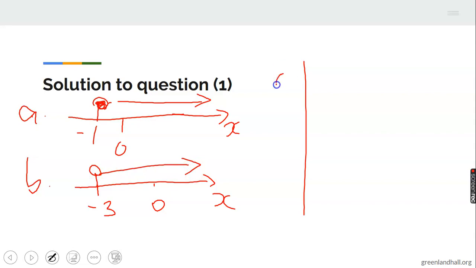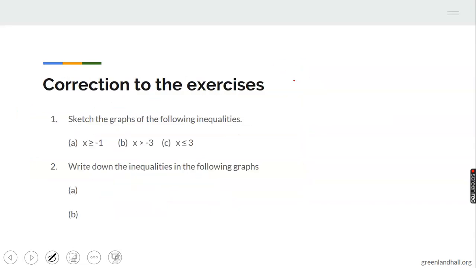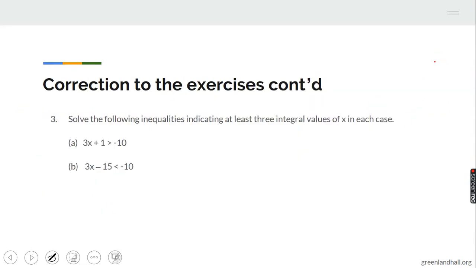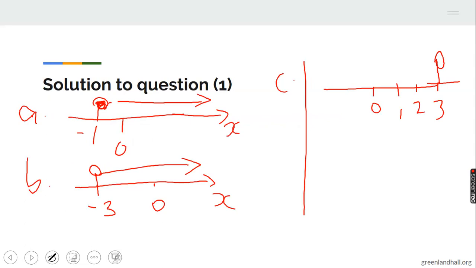Then we have the last but not the least. x is less than or equal to 3. This is 0. This is 1, 2, 3. x is less than or equal to 3. So this is what you have on the first question.